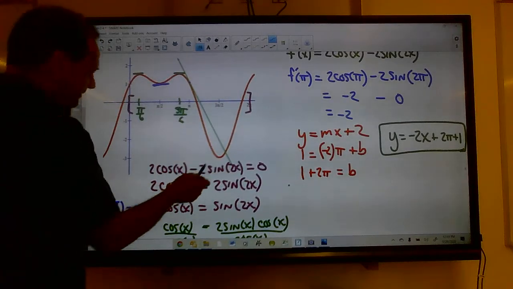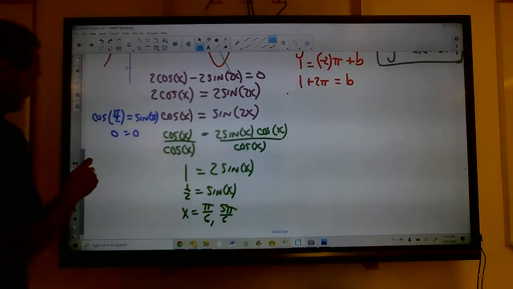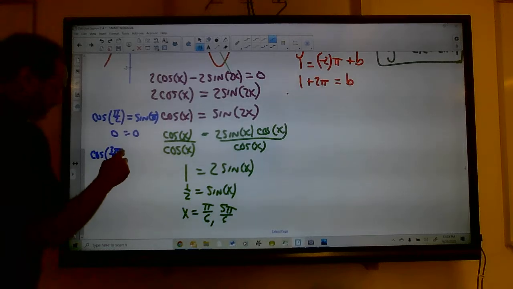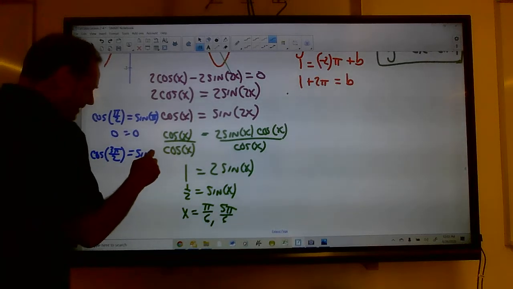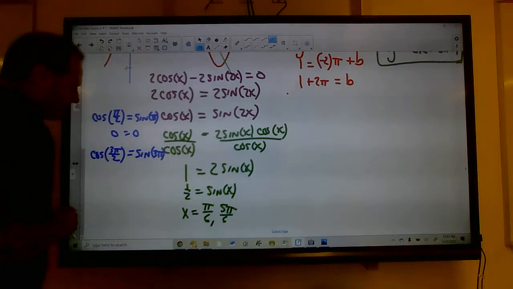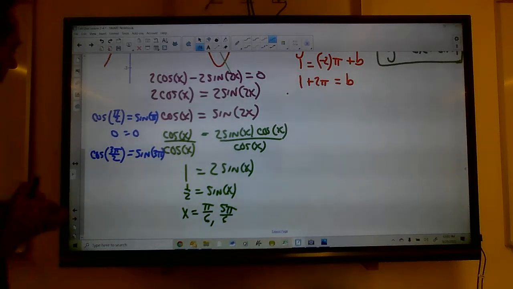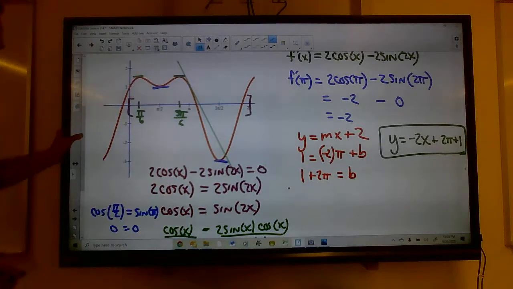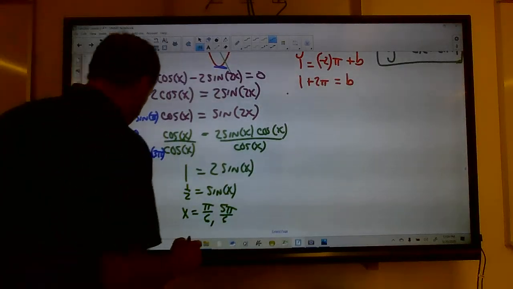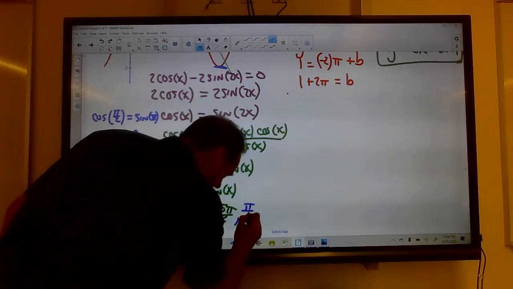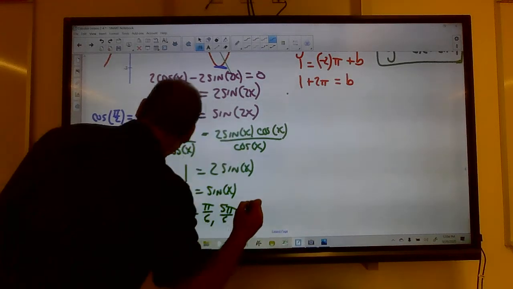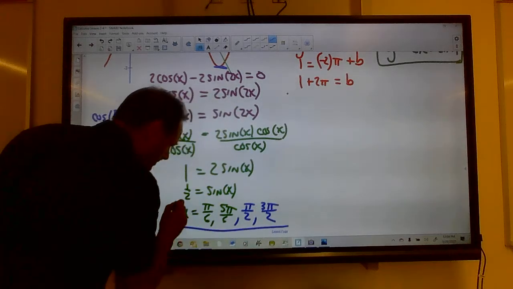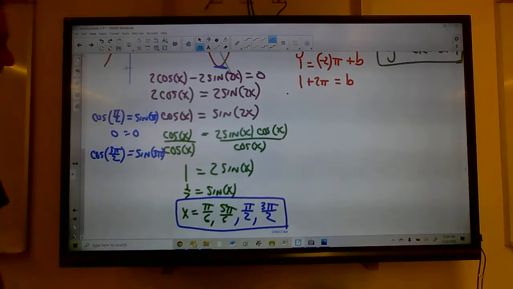And then this one appears to be at 3 pi over 2. If you look at that one, the cosine of 3 pi over 2 would be equal to the sine of 3 pi. And sine is always 0 at all the whole multiples of pi. So that's 0 here. So there's 4 times where you get the answer. 3 pi over 2. So there's your 4 solutions.